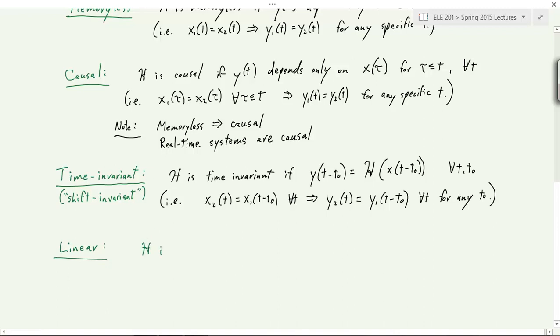So H is linear if H operating on, let's say, A x1 plus x2 is just going to equal A H of x1 plus H of x2, for an arbitrary x1 and x2 and for all A. That could be complex numbers.